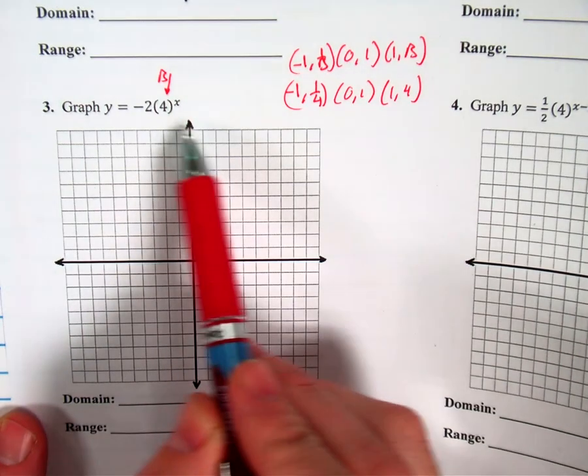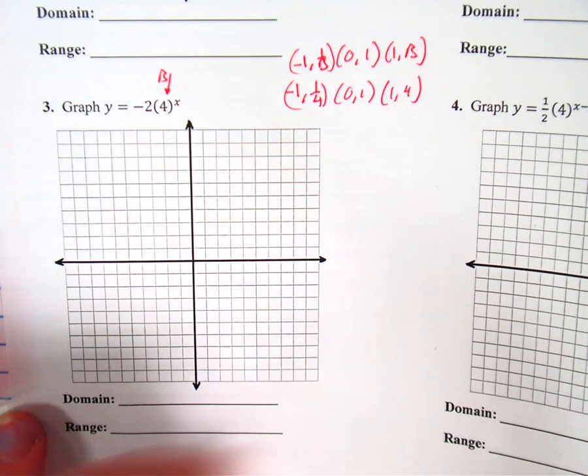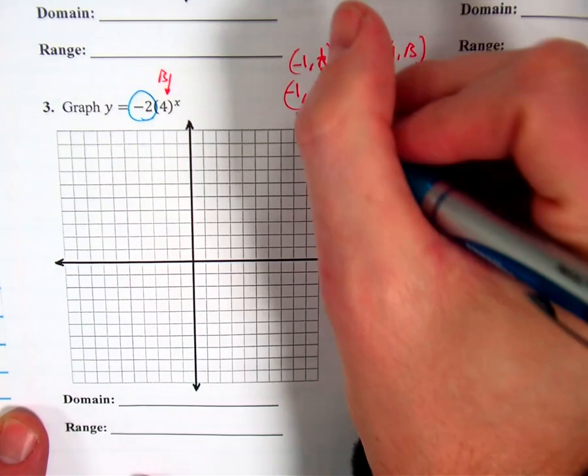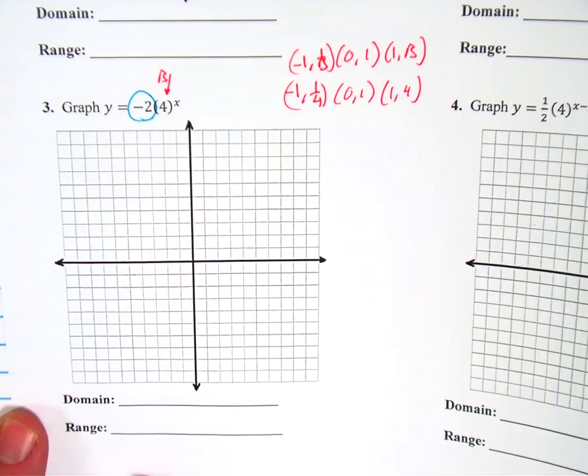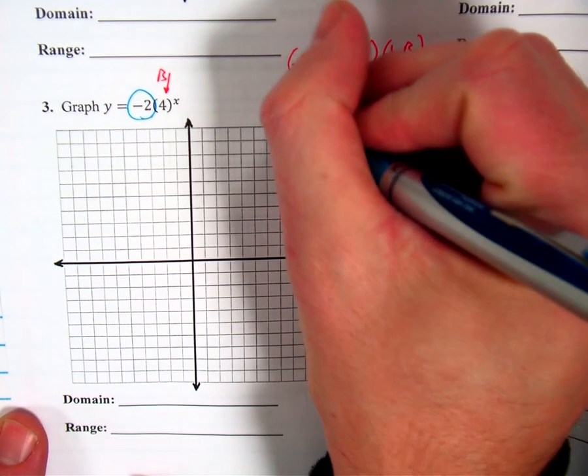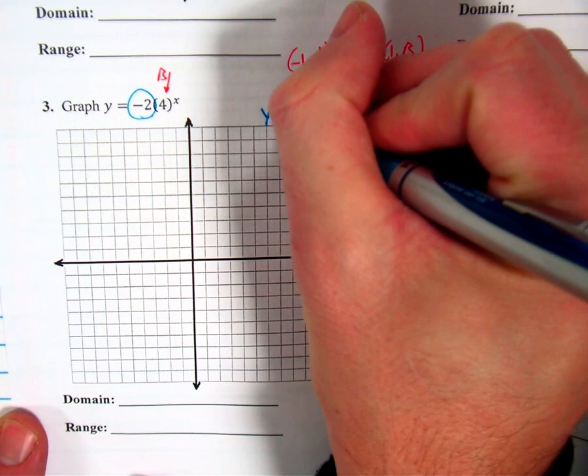And we don't have any left and right shifts happening out here. We do have a multiplier. So that's going to be -2. The front multiplier is your vertical stretch, and it always goes to your y's. So we're going to take all those y coordinates times -2.